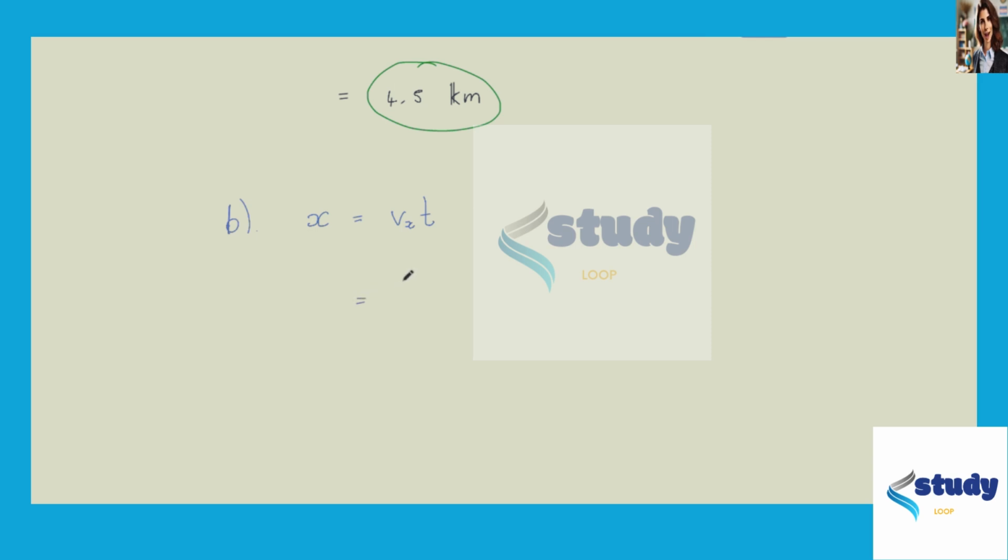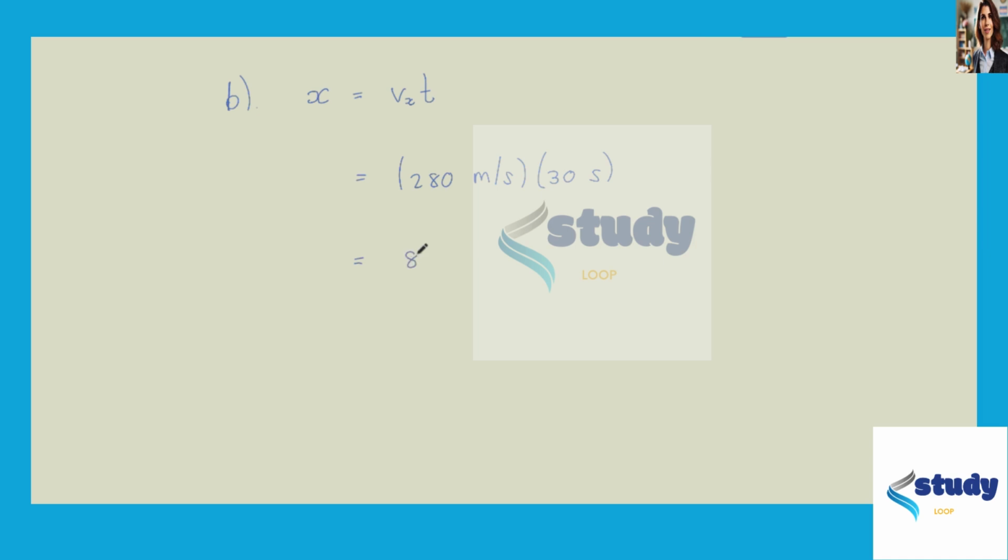This speed, we're given in meters per second as well, is 280 meters per second, and it takes the engine 30 seconds to fall to the ground, so we'll multiply by the time of 30 seconds. This gives us the horizontal distance that the plane covers in these 30 seconds to be 8,400 meters, again as required.